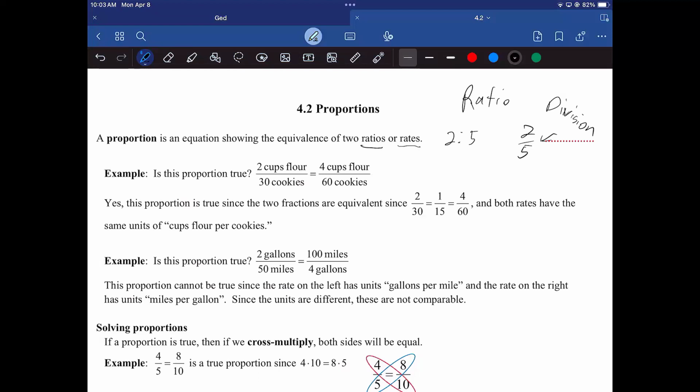So let's say that I drove to work today and I was in a hurry. Maybe I drove 55 miles per hour. Well, that's the same thing as saying 55 miles over 1 hour. That's a rate that I'm traveling at.